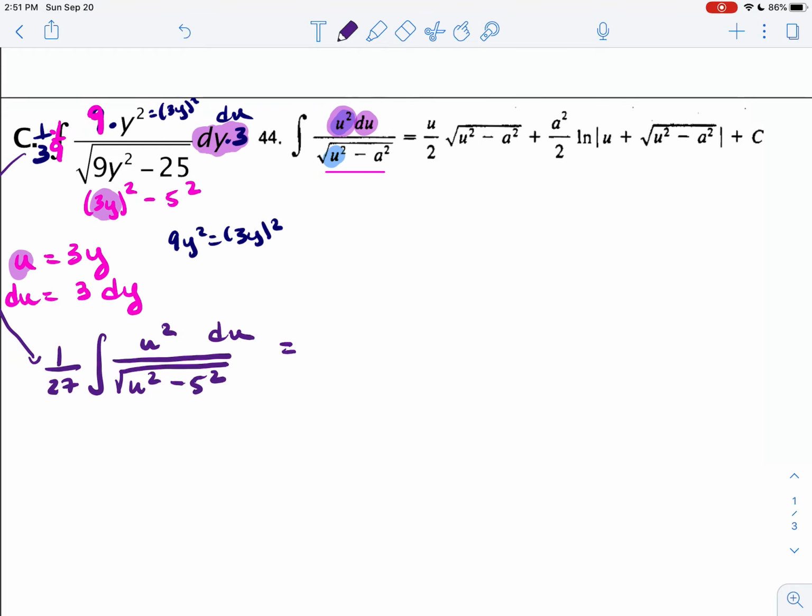Now I can apply the other side of my integral, and I'm going to make sure that I multiply by 1 over 27 throughout, because that's on the outside of my integral.